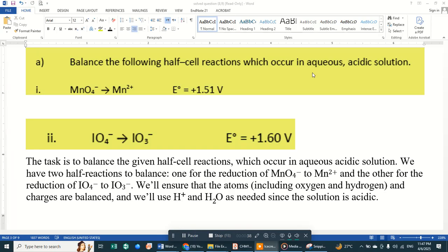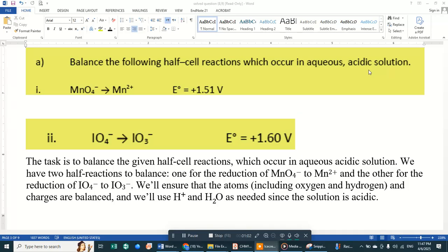How we balance the equations via redox methods, there are some rules. How we balance the equations in aqueous acidic media, how we balance the equations in aqueous basic media, the different rules basically.